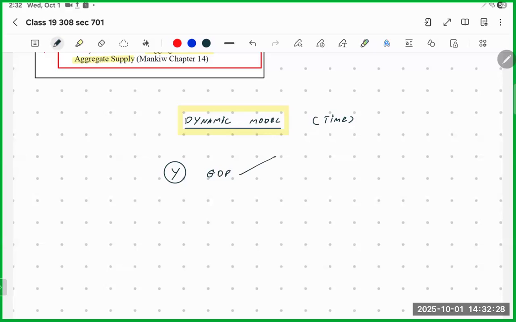And we have three main meanings. The first one is total output. The second one is total spending. And the last one, number 3, is total income, right?